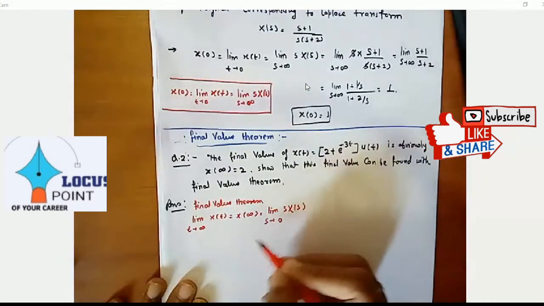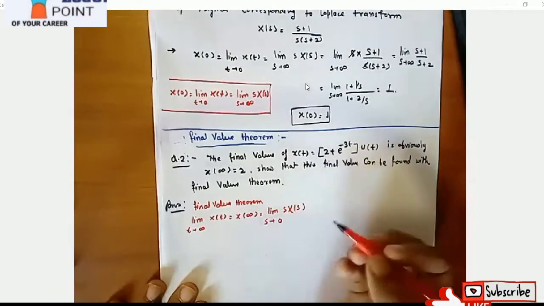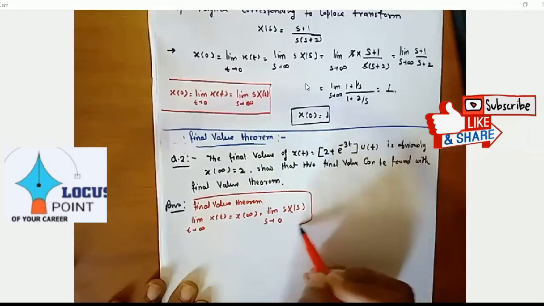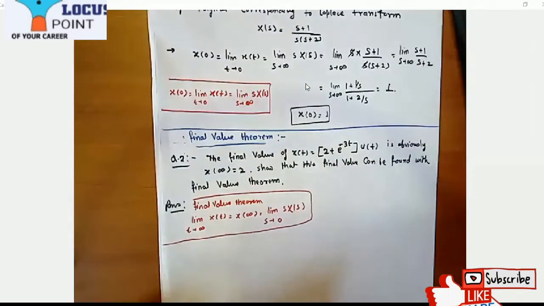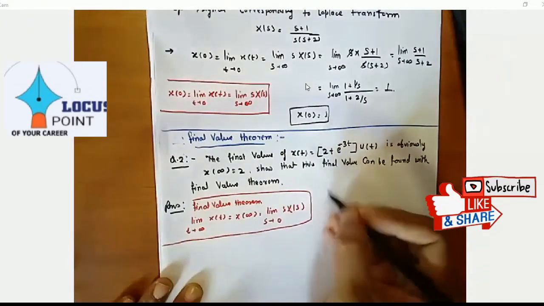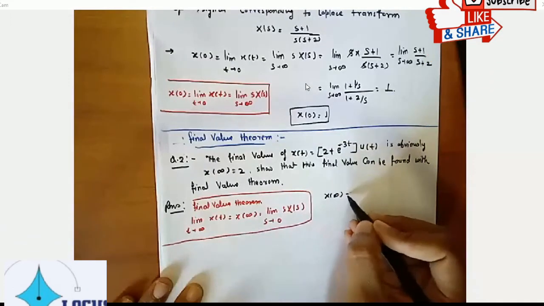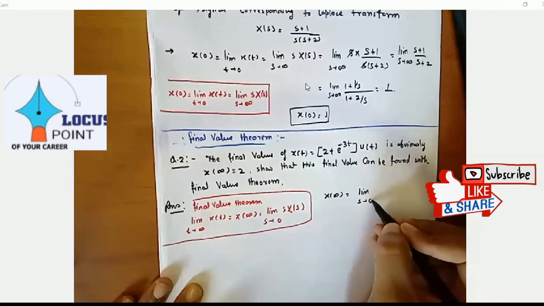We have already done a proof of this final value theorem. We will do it in offline classes, no problem. So we will use this one. From this we can write x of infinity equals limit s tends to 0.